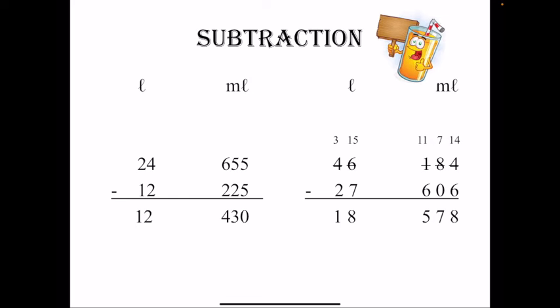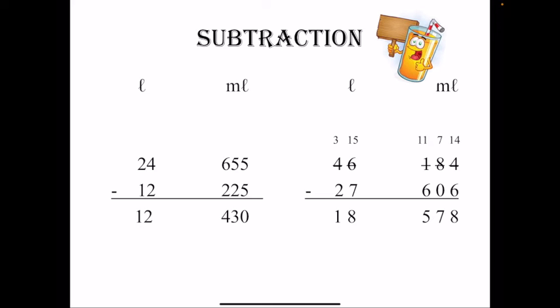Okay. Now moving on to the next column. We have there now 7. 7 is the revised digit. So 7 minus 0. Gladly you can do it. 7 minus 0 is 7. Now moving to the next column, 1 minus 6. Again, you got stuck here. You cannot subtract 6 from 1.